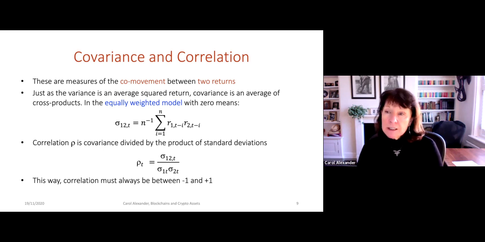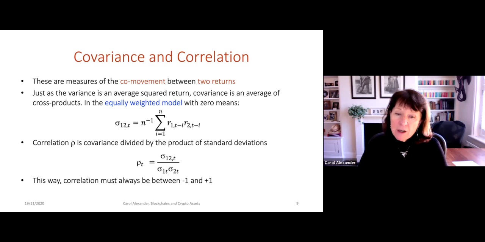So in order to take any units away completely, we divide the covariance, which, if this were a P&L rather than a return, would be dollars times dollars, by the standard deviations, which are in dollars. And so we take away all the units of measurement.